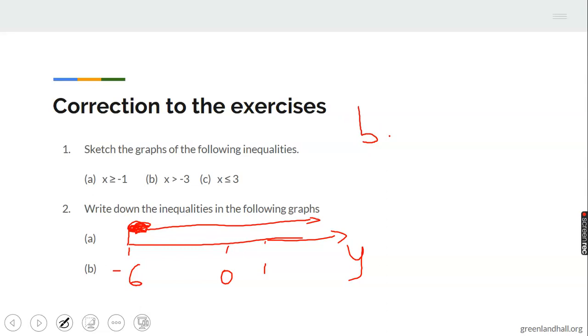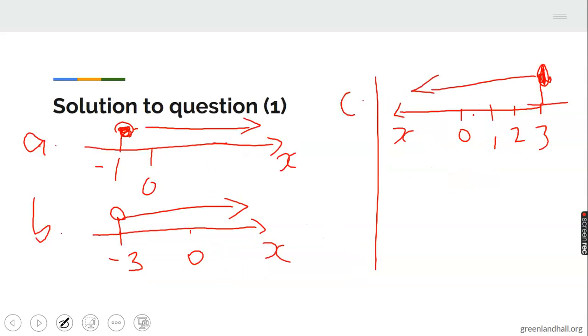Then the B part is this. I think that is minus 2, minus 3, and so on like that. We have x here. Then it is on 2 to this side, and it's shaded. Now how do you represent this?